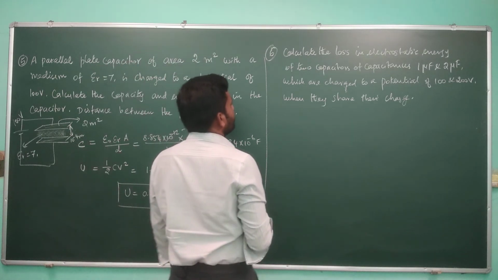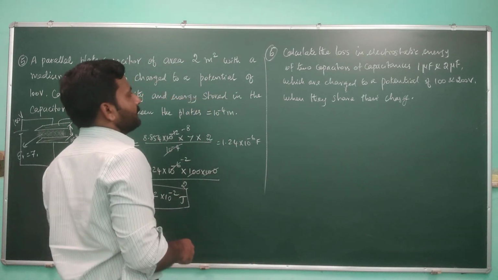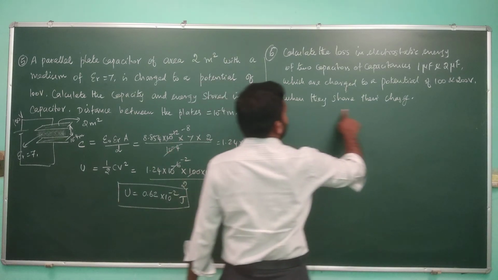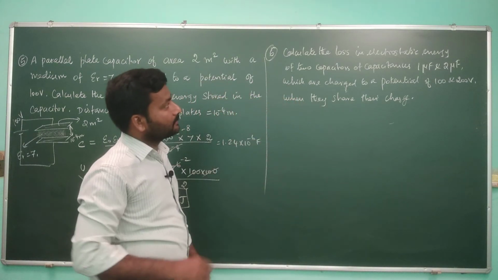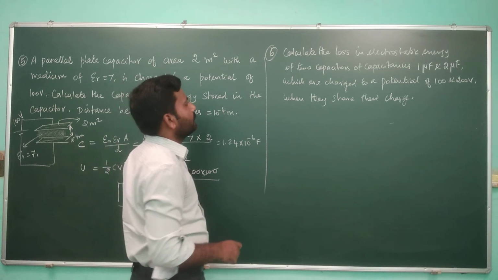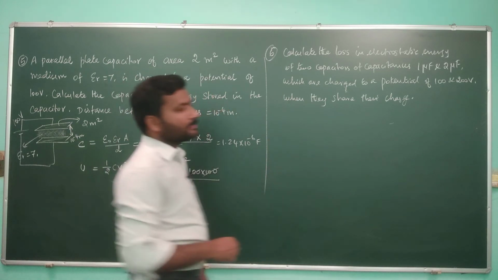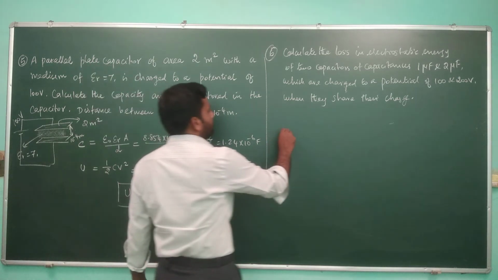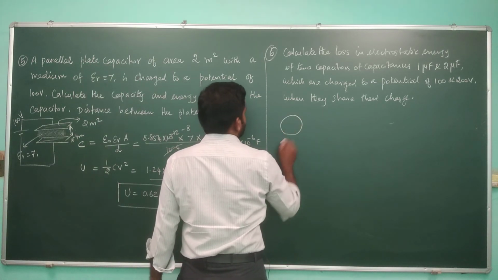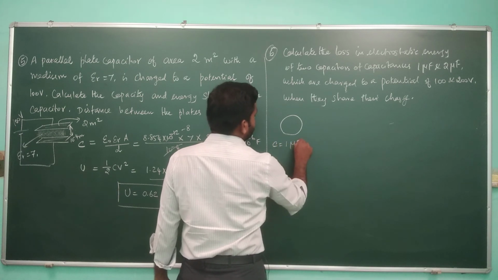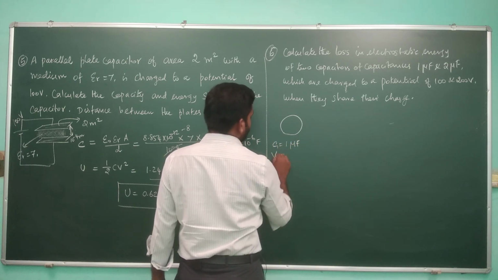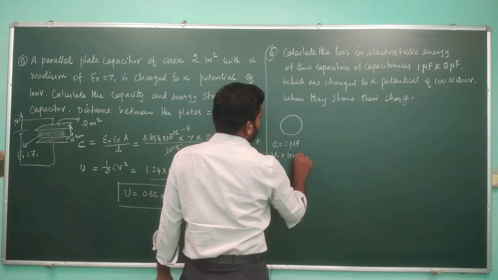So, what is given? Calculate the loss in electrostatic energy when they share their charge. What shares their charge? Two capacitors of capacitances 1 microfarad and 2 microfarad whose potentials are 100 and 200 volt. So C1 equal to 1 microfarad, V1 equal to 100 volt.